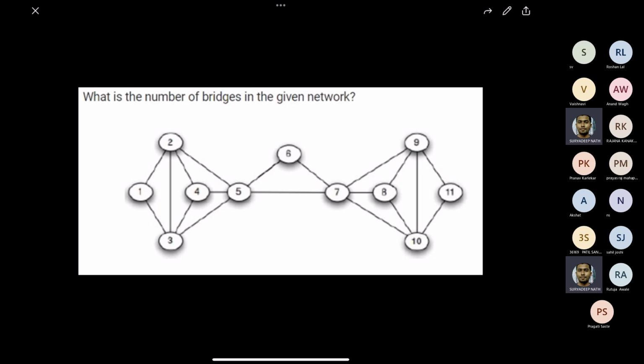Here, if we look at the graph, if we remove any particular edge, does it become disconnected? I think there are no strong bridges in this example, but if we take the number of local bridges, we'll have to see.